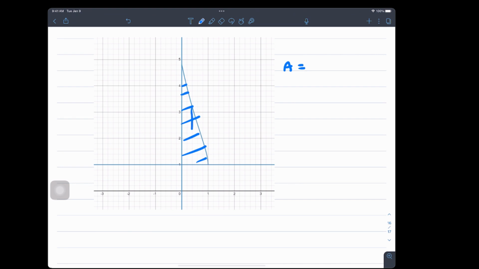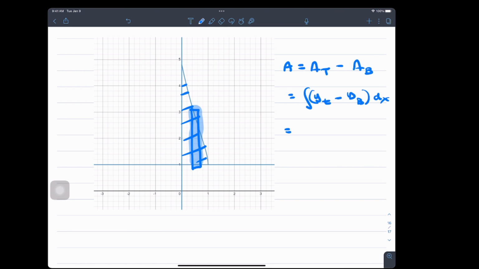So if I wrote this from Calculus 1, this approximating rectangle, right? You guys remember that approximating rectangle? This is area from the top minus area from the bottom, which is going to be two integrals: y top minus y bottom, dx. Okay, you guys okay with that?